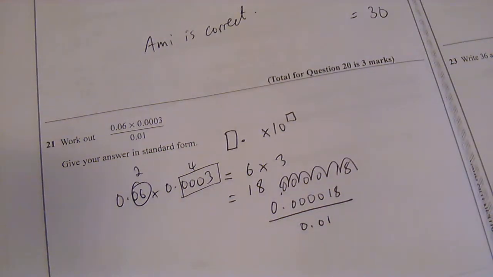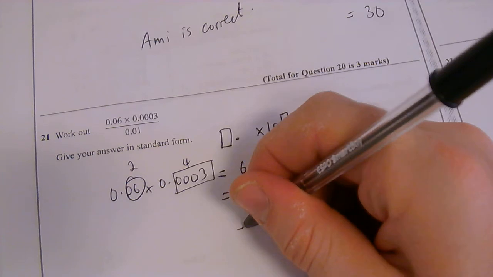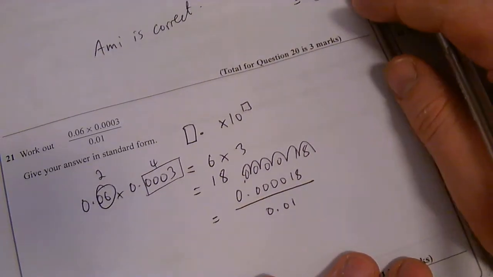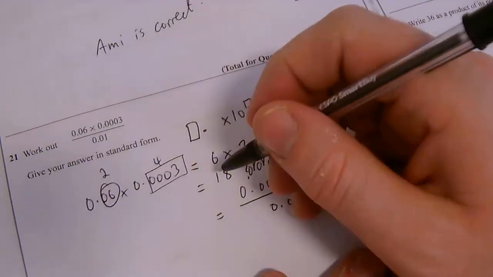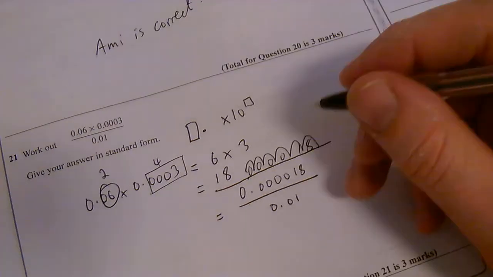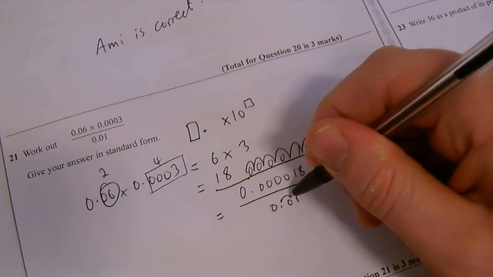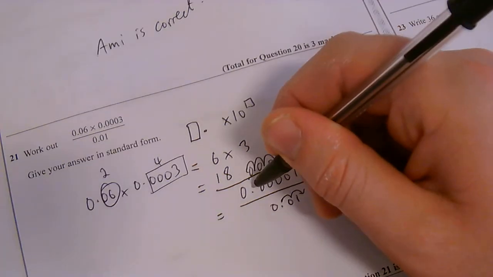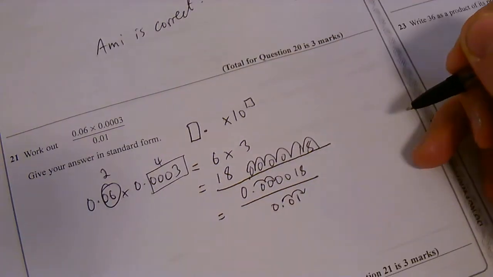Hopefully, if you get the idea here, what I'm going to do is sort the base of this out because I don't like it. Now there's a few ways to do this, you can do it a variety of ways. What I'm going to do is multiply the bottom by 100 and multiply the top by 100.